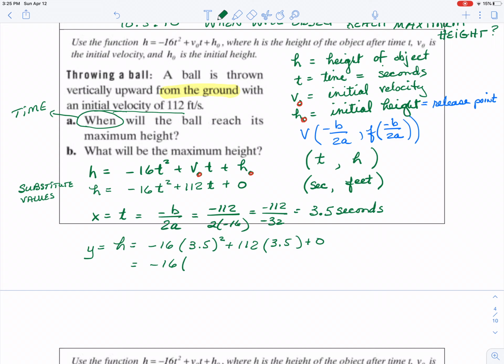So 3.5 squared is 12.25. And 112 times 3.5 is 392. And 12.25 times negative 16, again that gravitational force, is negative 196. And when I combine those two, I get 196, which is in feet.